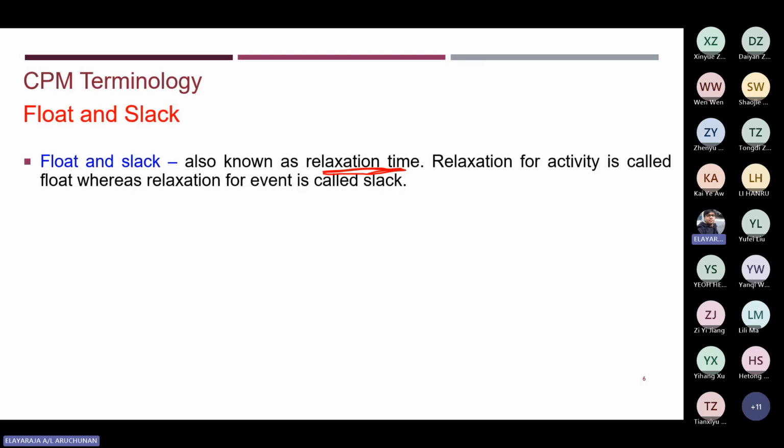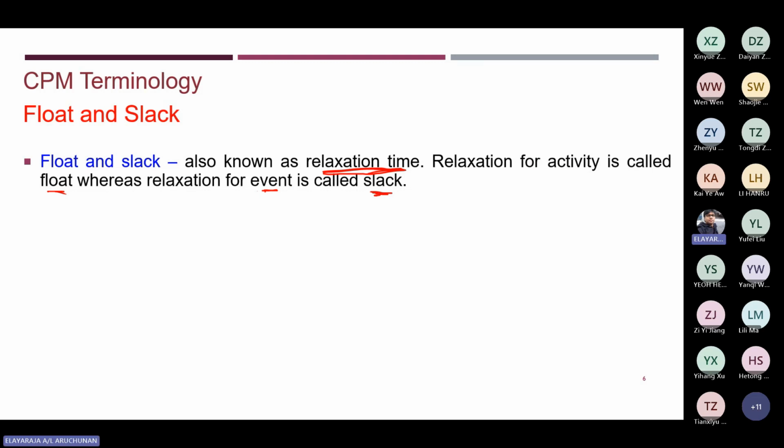Based on calculation, we are able to identify the relaxation time. The relaxation for an activity is called float, whereas the relaxation for an event is called slack. For an activity they call it float, for an event they call it slack.